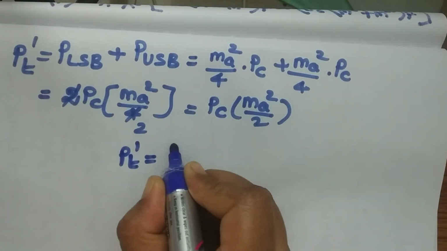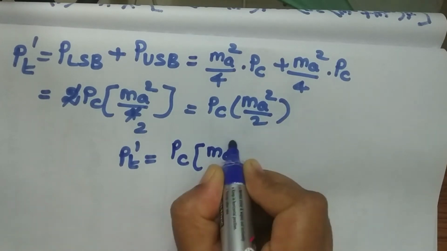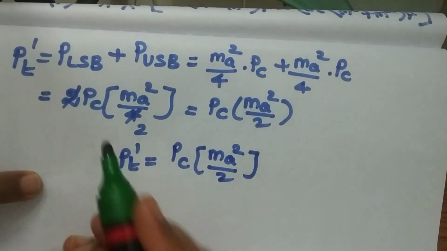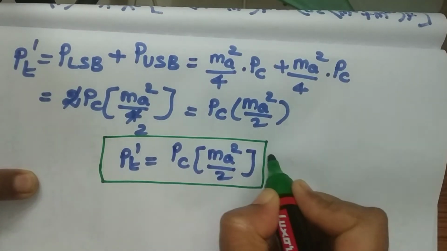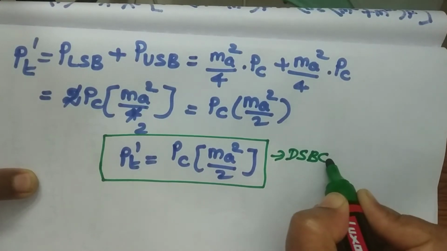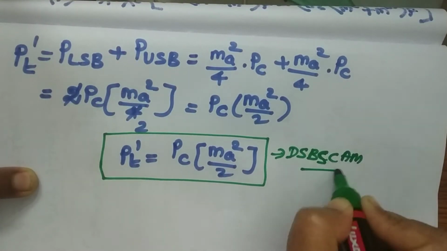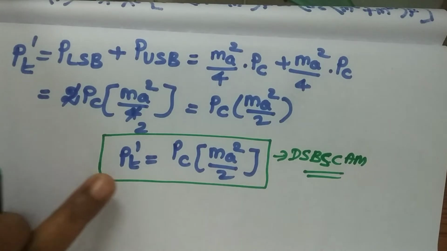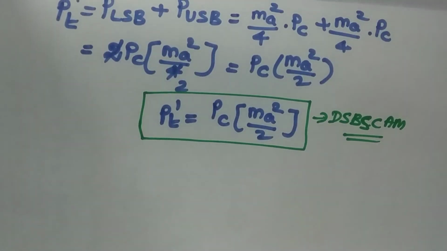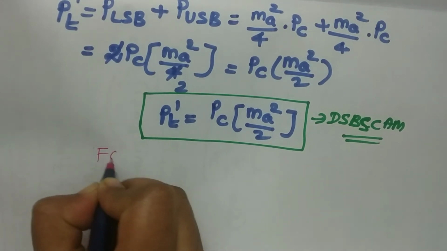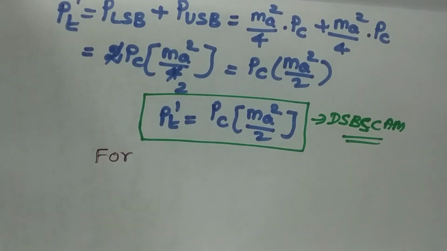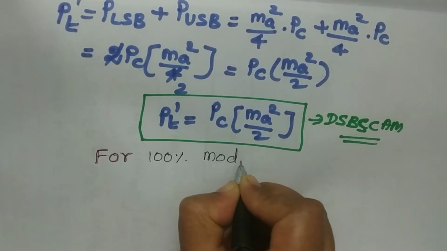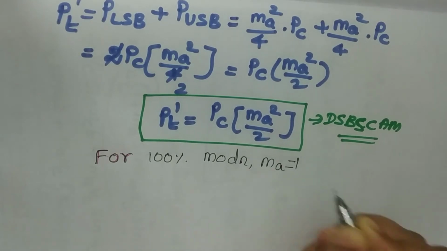So PC into MA squared by 2 is the total power for double sideband suppressed carrier amplitude modulation power expression. Total power is PC into MA squared by 2. For 100% modulation, MA is equal to 1.